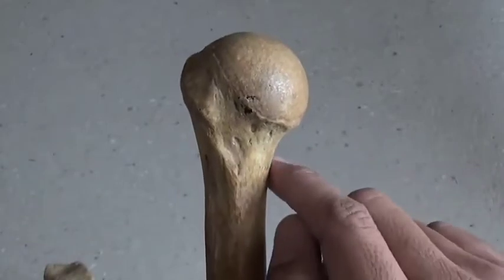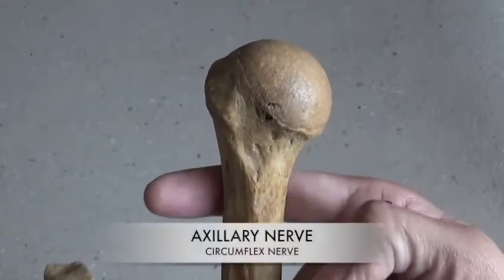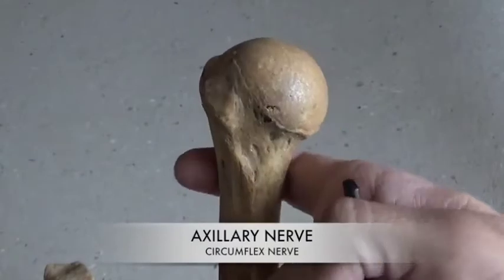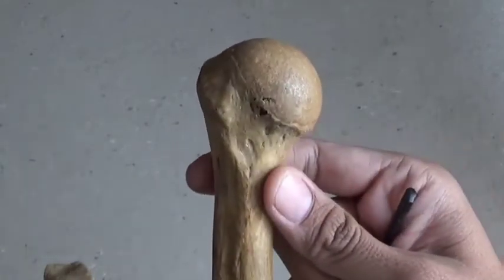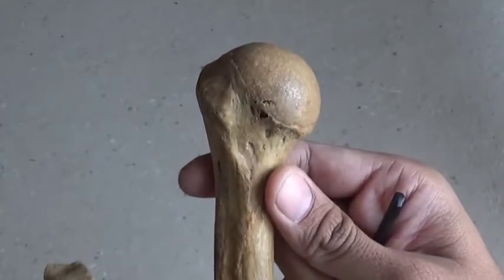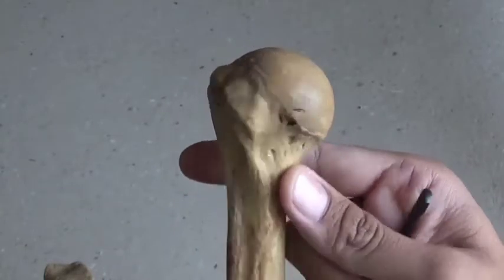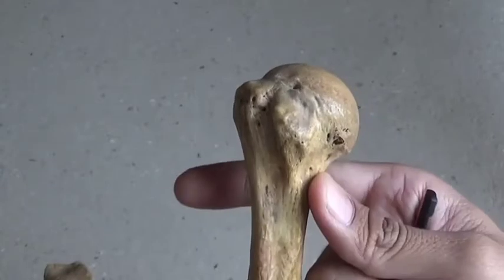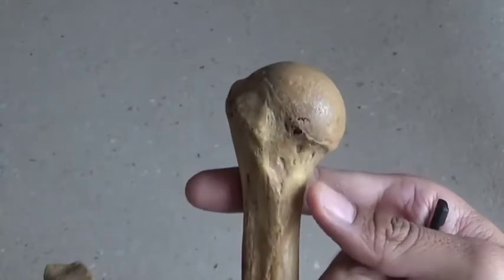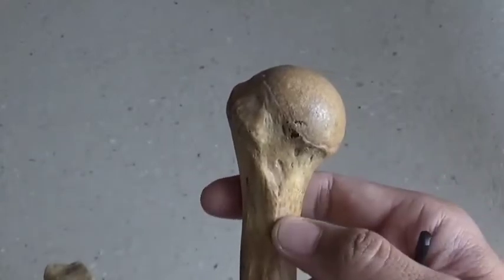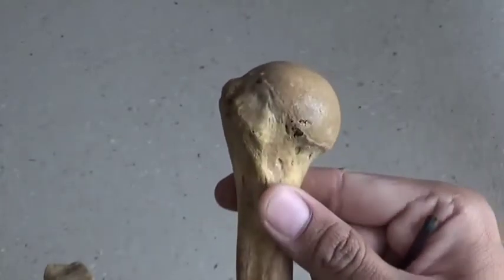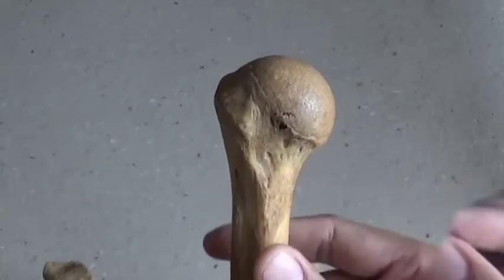Because posteriorly it is related to the axillary nerve, which is also termed the circumflex nerve, and as this portion is constricted, it is vulnerable to fracture during a fall on an outstretched hand. That leads to damage of this axillary nerve, and secondarily the deltoid, which is supplied by the axillary nerve, will get paralyzed. So that's why this is termed the surgical neck.